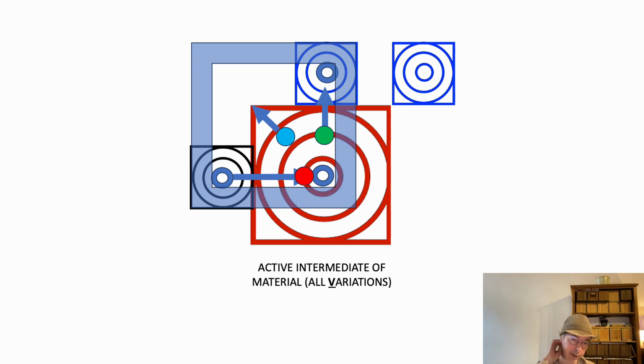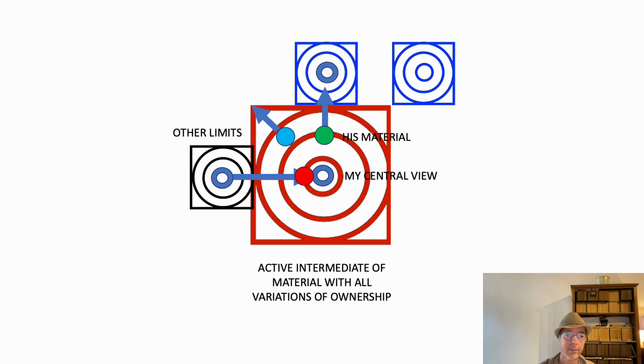So this whole intermediate region of material means it will have all kinds of variations, with a V again. It is a kind of variations of ownership. So it's my thing, or it's our thing, or it's his thing, or it doesn't belong to anybody. All these variations are possible.